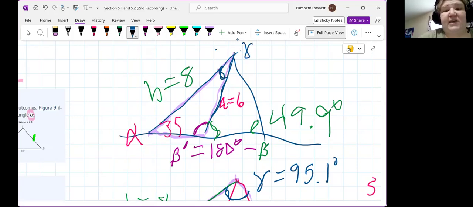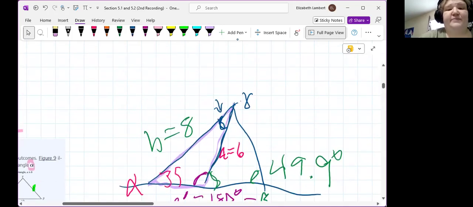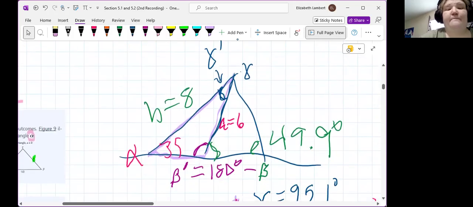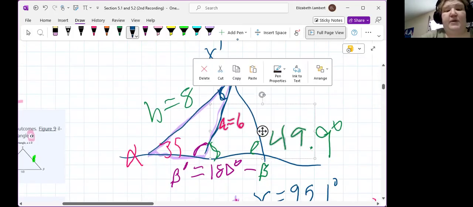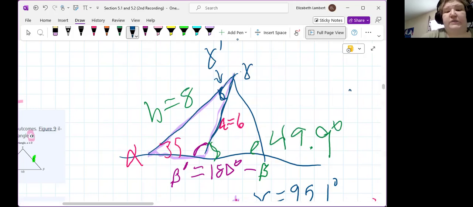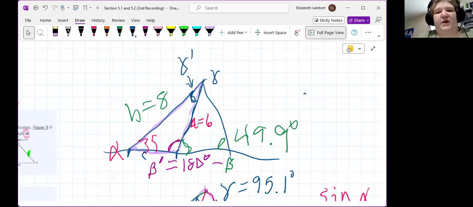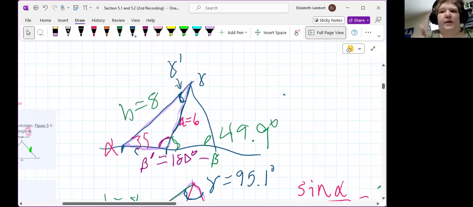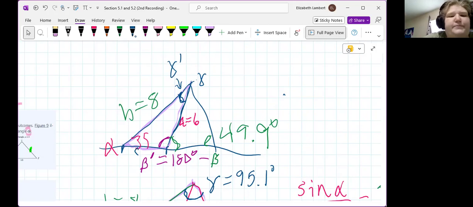So this skinnier angle here is going to be gamma prime. And then we can use gamma prime to find our smaller C side. So I know, a whole lot of work to figure out how much pipe do I need since I don't have the 10 feet or whatever. But we can do it.